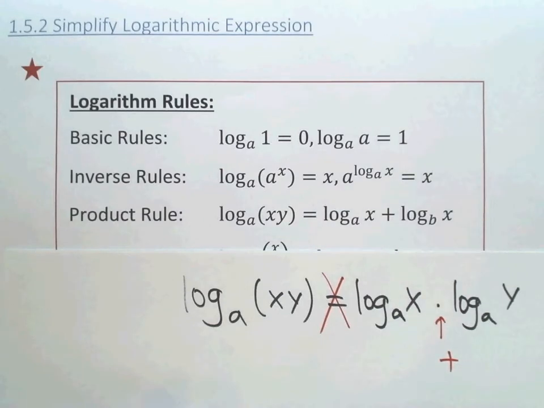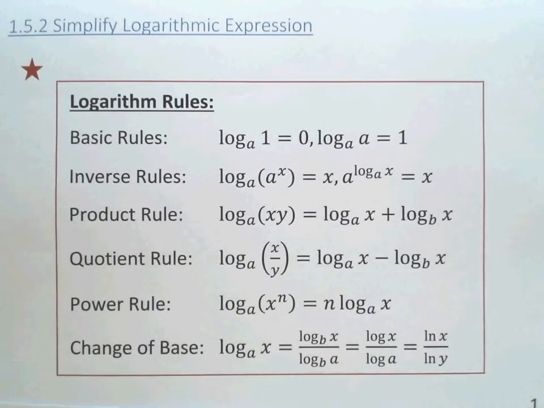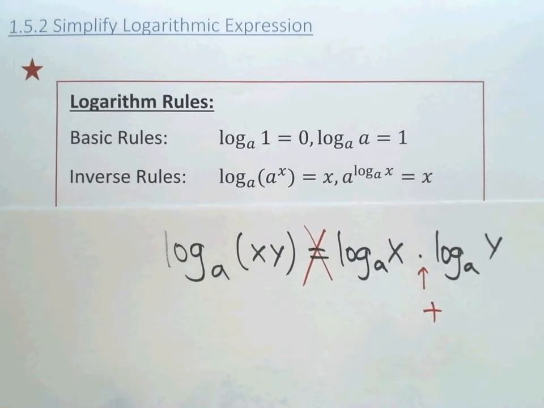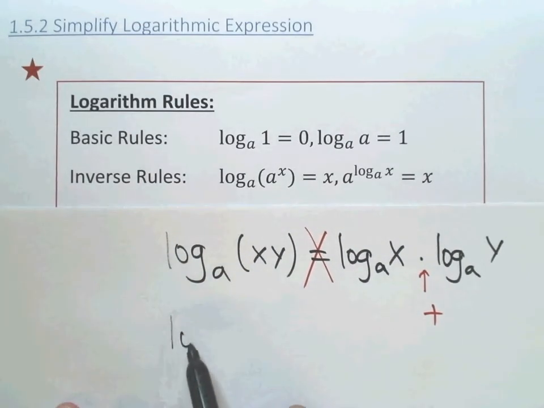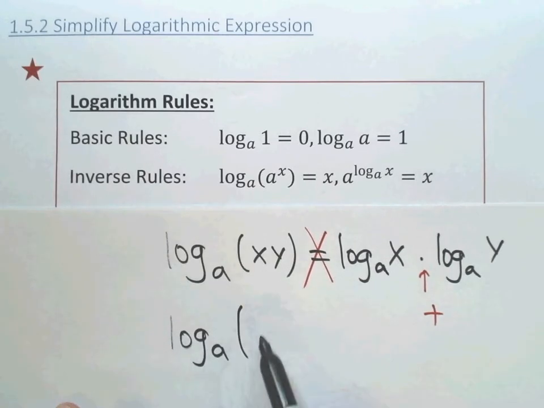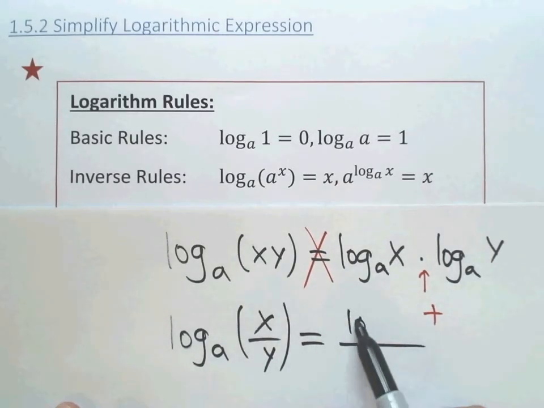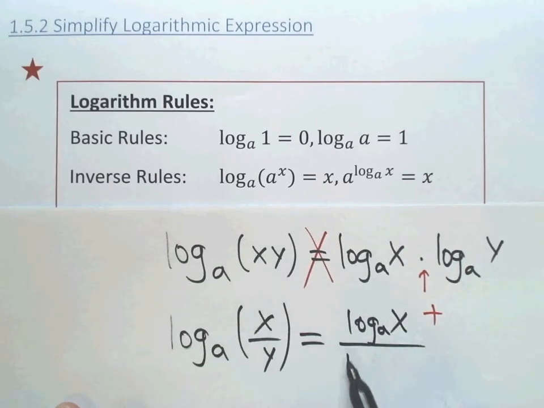And then we look at the second one, the quotient rule. Taking a log of a quotient goes to subtraction. Another easy mistake is this. Someone will probably write that the log of the quotient equals the quotient of the logs.